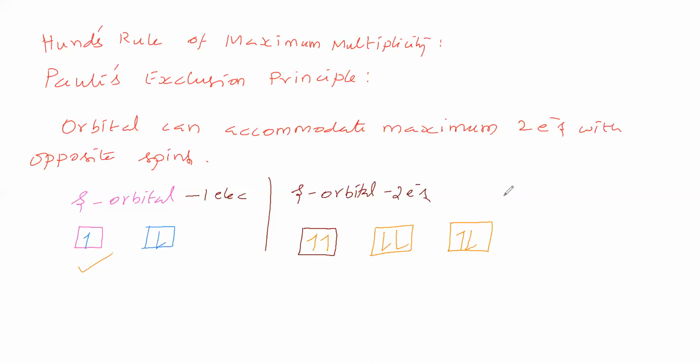Now we will take this electron. An electron acts as a tiny magnet, in the sense it is having a dipole, with a north pole and a south pole.